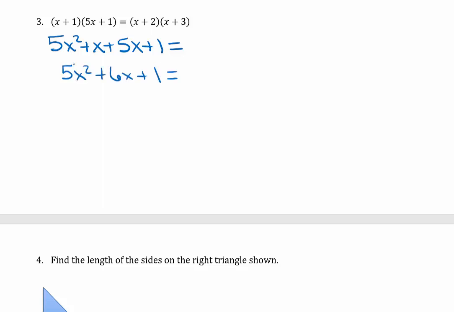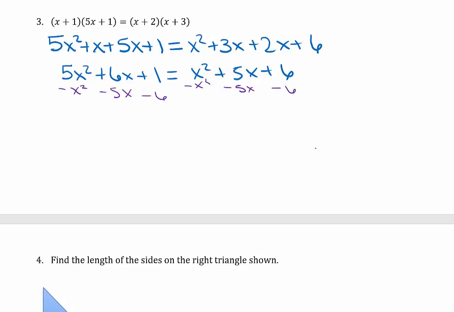And if I combine like terms, I get 5x squared plus 6x plus 1. On the right-hand side, first x squared, outer 3x, inner 2x, last is 6. Combine like terms, x squared plus 5x equals 6.